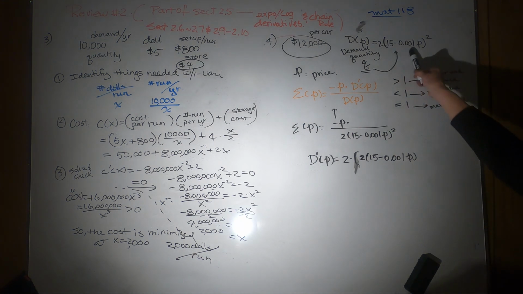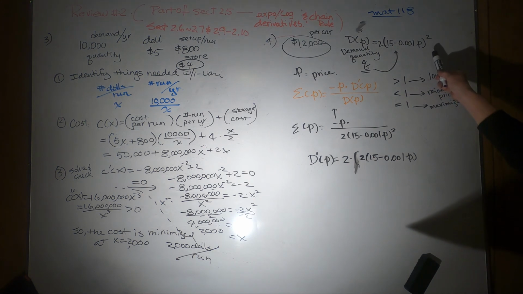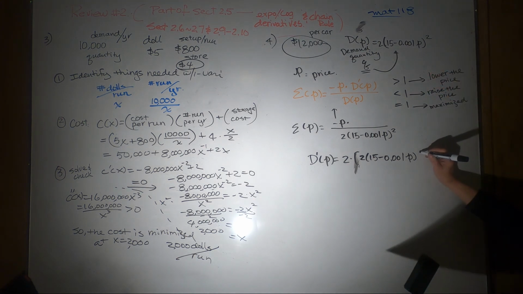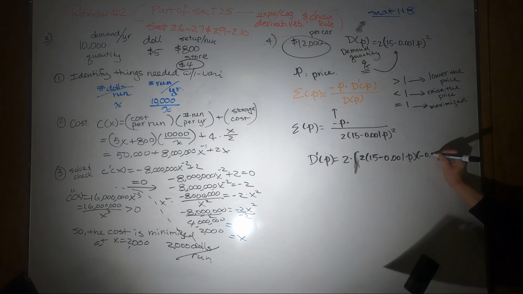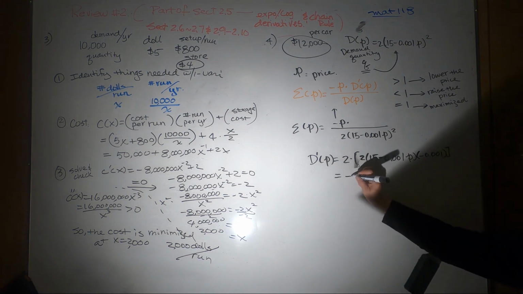However, the inside is not just a P. You have a more complicated situation. You need to do the chain rule. That would be negative 0.001. You better know how to do the chain rule, otherwise you cannot do the problems, right? Then we multiply them out. It ends up like this.